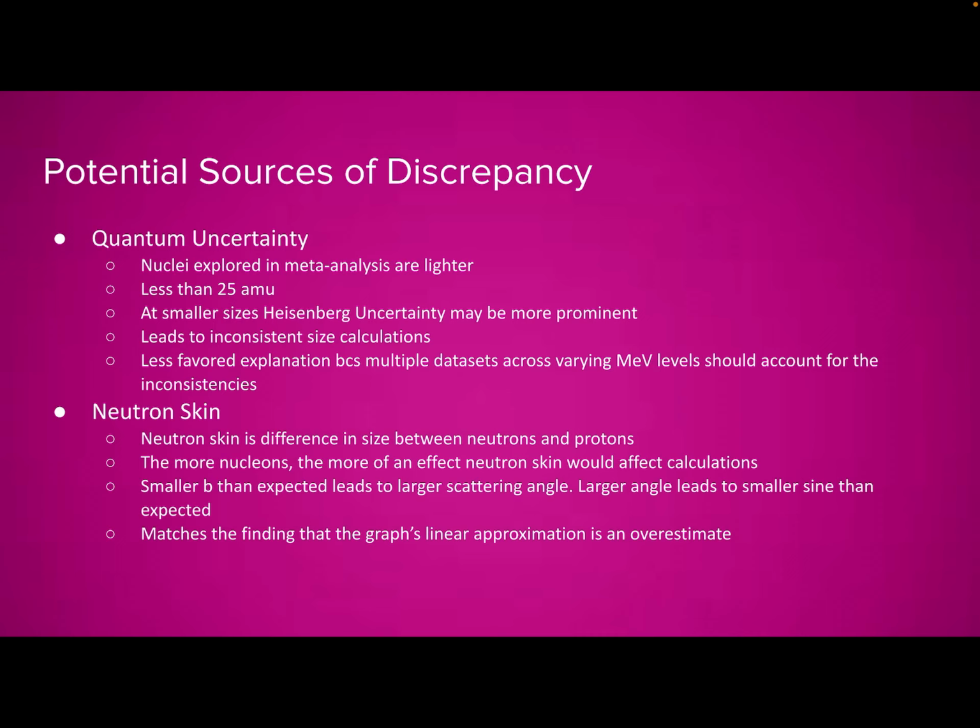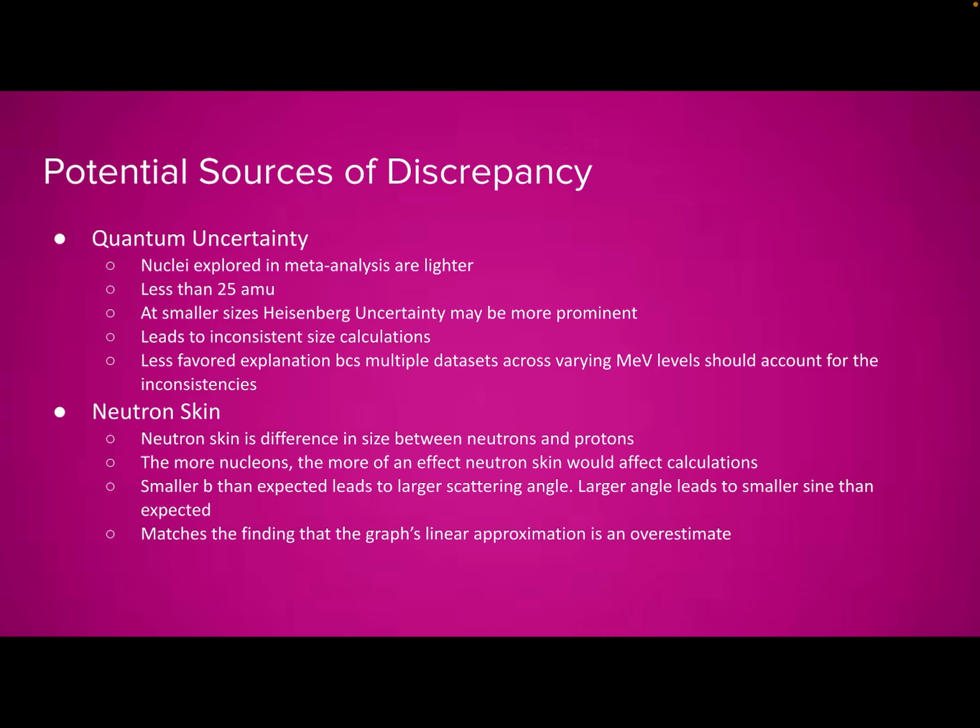Meanwhile, neutron skin might be a more plausible explanation. Neutron skin is the difference in size between neutrons and protons, with neutrons being bigger, and the more nucleons there are, the more the neutron skin would affect calculations. So if there's this discrepancy, that means there's a smaller nuclear radius, which means a larger scattering angle, because those two variables have an inverse relationship.